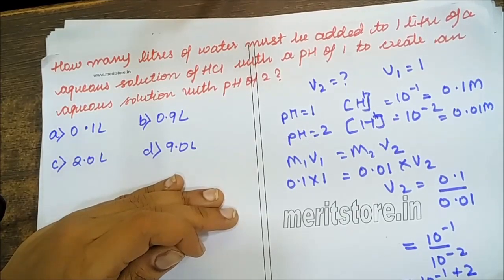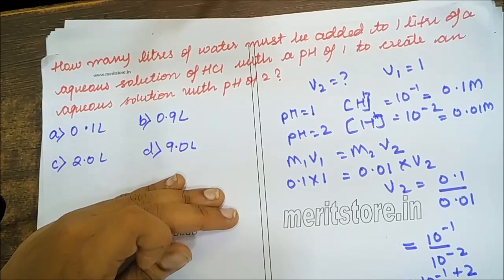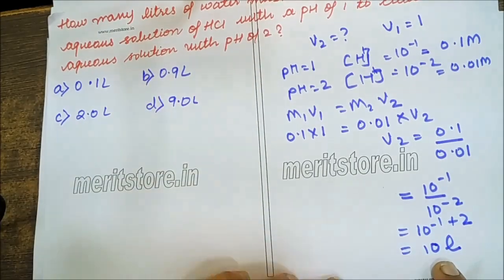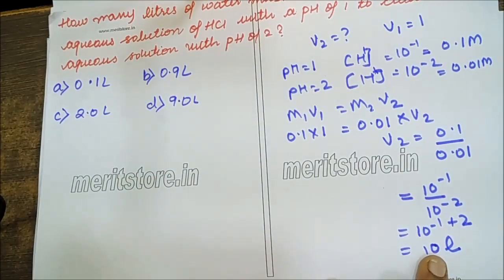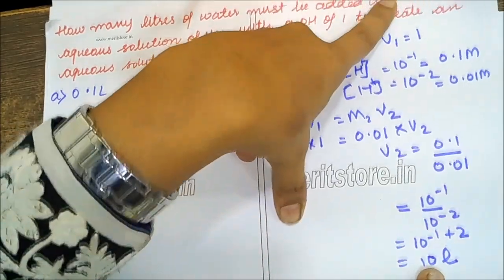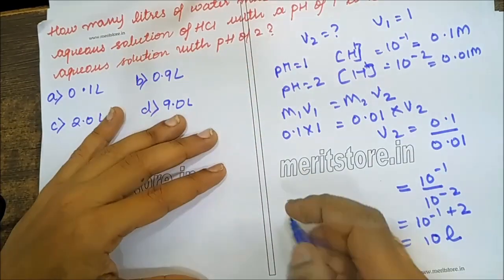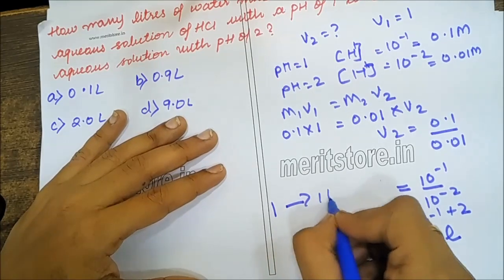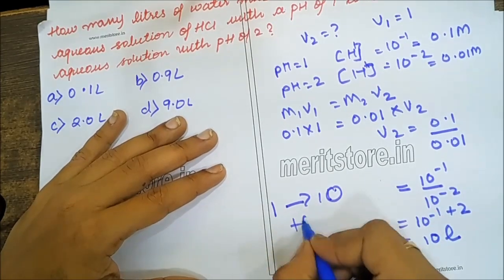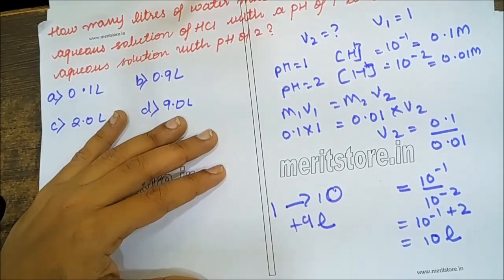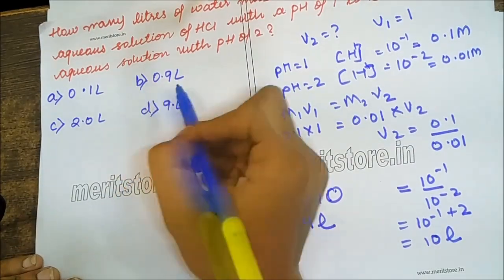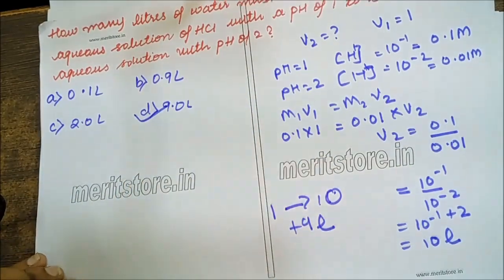So that's coming out to be 10 liters. Now the final volume is 10 liters, and initially how many liters are already present? 1 liter. So to make 1 liter into 10 liters, you need to add 9 more liters of water. Alright, so my correct answer is D.